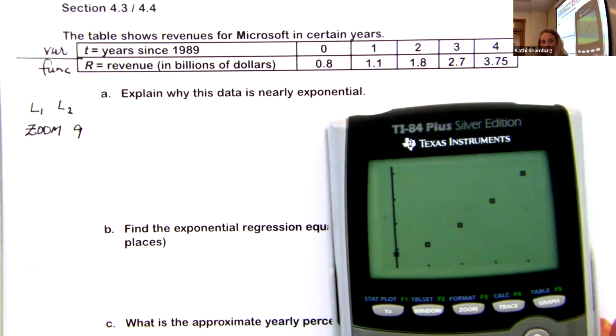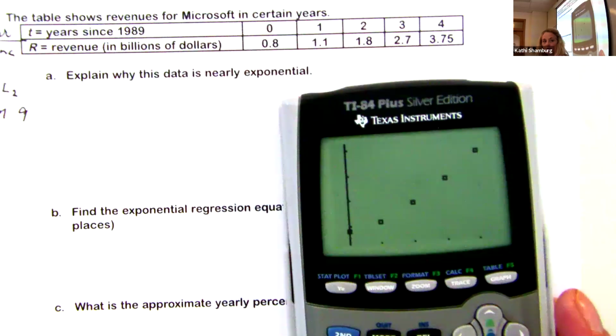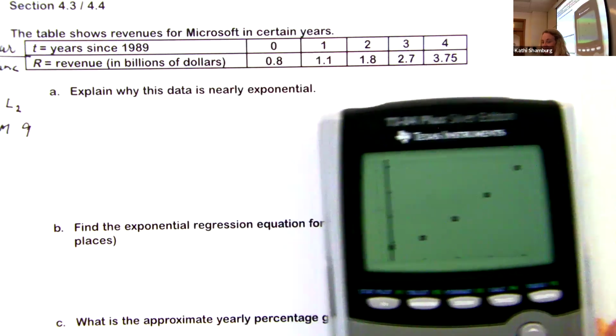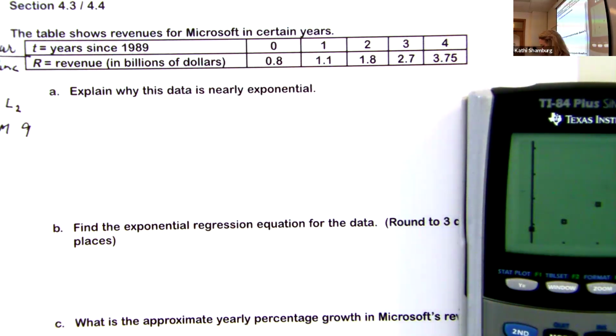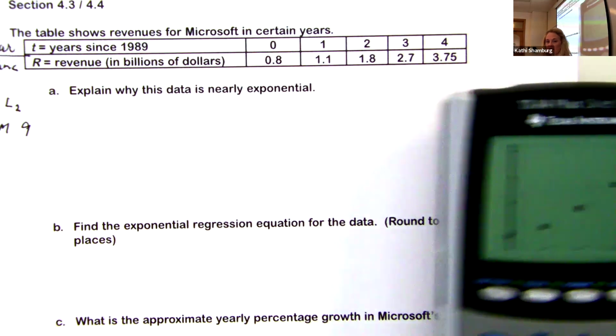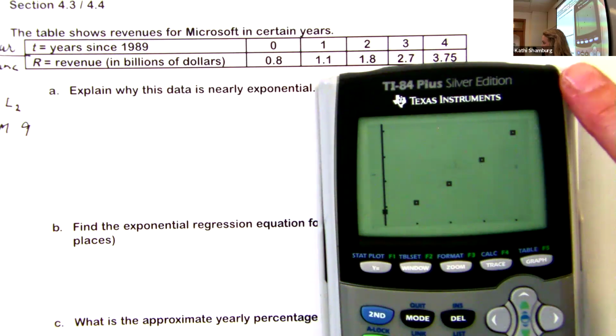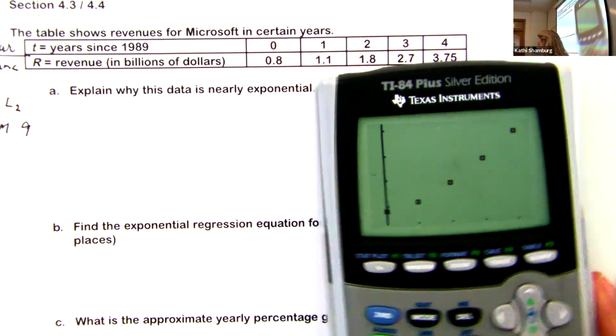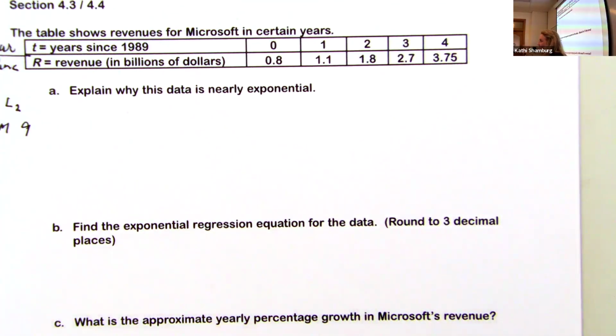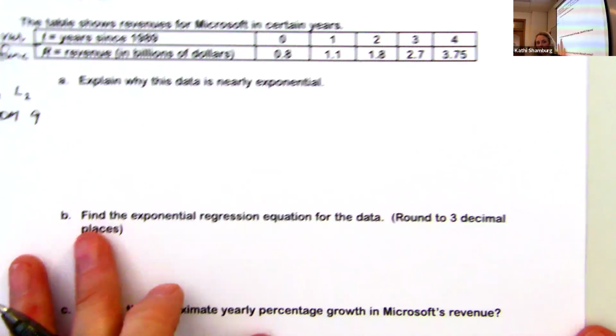Okay, so part A says explain why this data is nearly exponential. What is the function doing? Increasing, which represents exponential. Exactly. Now, what are we talking about in this problem?